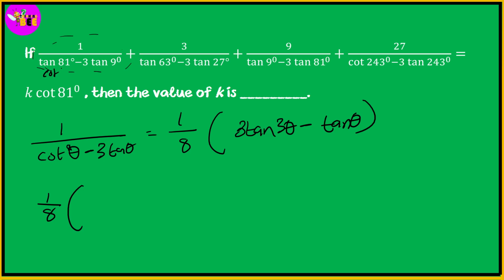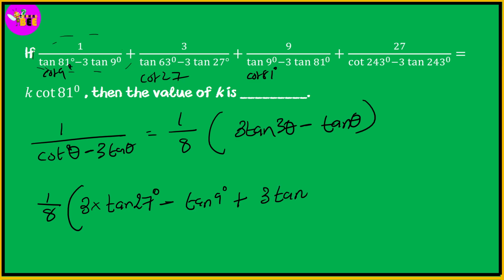Now, here it is cot 9, cot 27 and cot 81 degrees. So, over here we have 3 times tan 3 theta, tan 3 times 9 is 27 degrees minus tan 9 degrees plus 3 tan 27 times 3 will be 81 degrees.